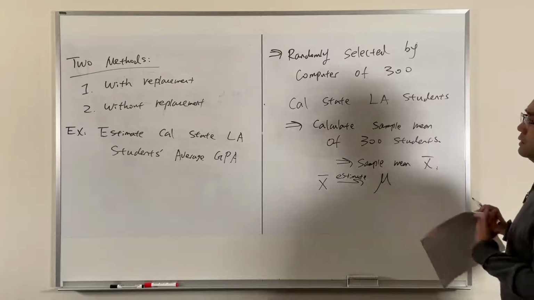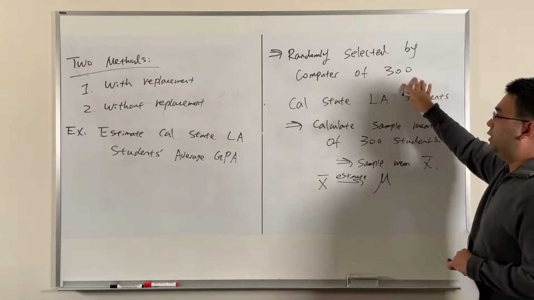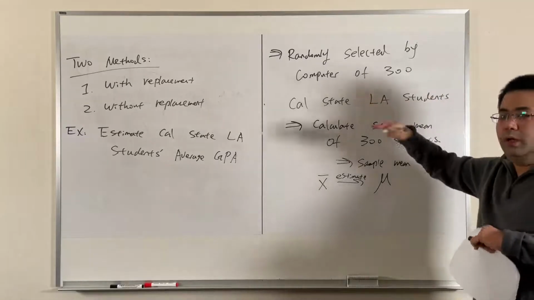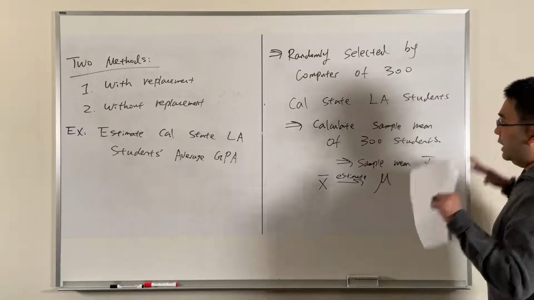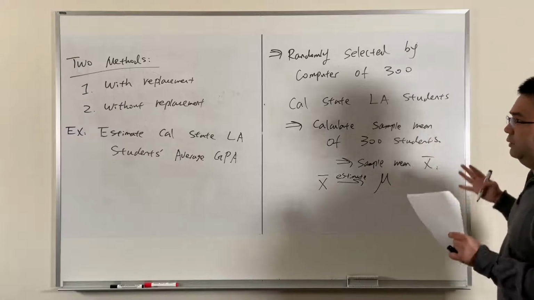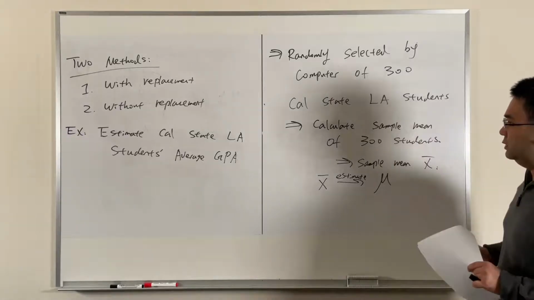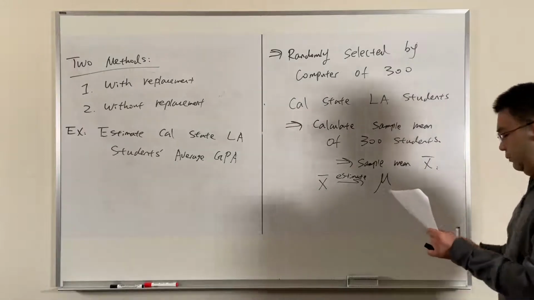And as in this example, since we're randomly selecting 300 students and we're using computer, and then each single one is likely to be independent, in this case, the method here satisfies the two features that we discussed. So this is a random, this is a simple random sample.